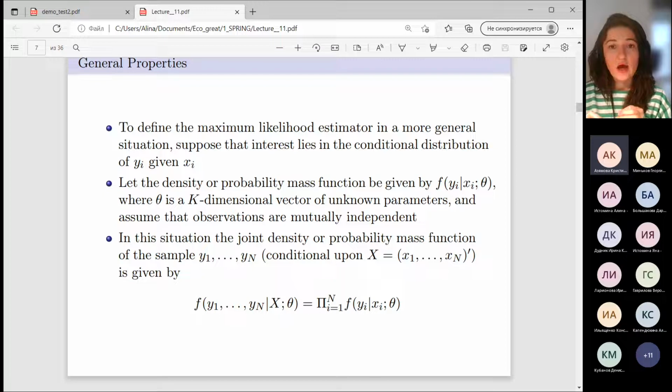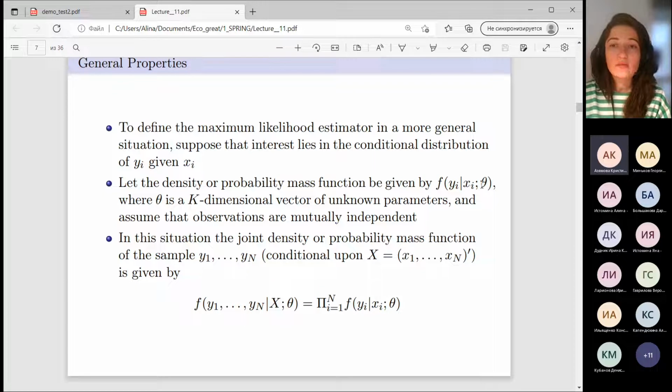So in this case, we can define the density or probability mass function to be given by some function. And you can see here that we have our dependent variable as usual, our independent variables also as usual, yeah?